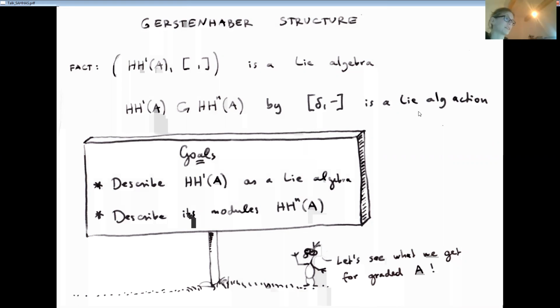And this is a Lie algebra action. So typical goals are to describe the first Hochschild cohomology really as a Lie algebra, and then describe the Lie modules HH^n of A. And as my assistant is pointing out, we want to see in particular what's happening for graded algebras.